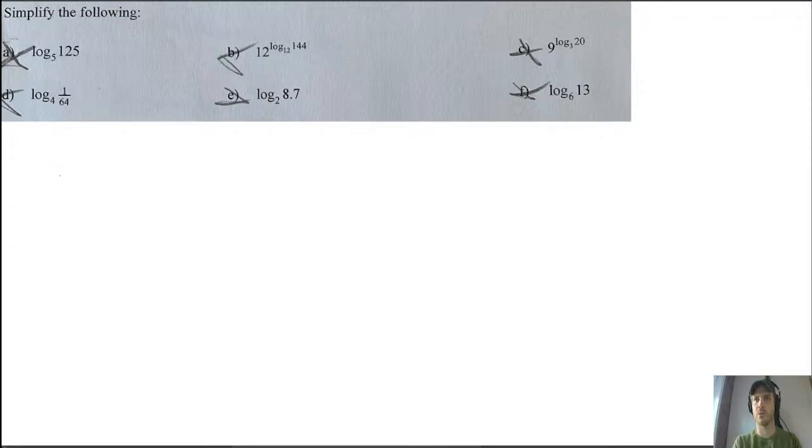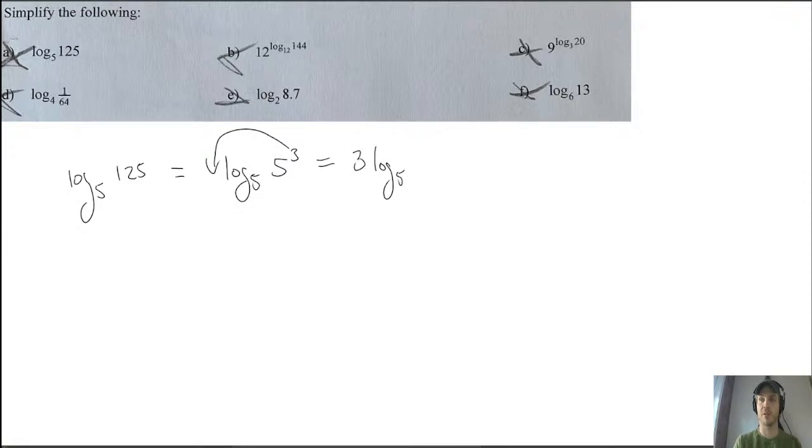All right, so let's work on log base 5 of 125. There's a couple of different ways you can do it. My favorite way is to express the number 125 as a power of 5, because that's probably what's going on here. And 5 times 5 is 25, times another 5 is 125. So this is actually 5 cubed. Then you can use the power rule to make this, and we'll just put parentheses since it's a function.